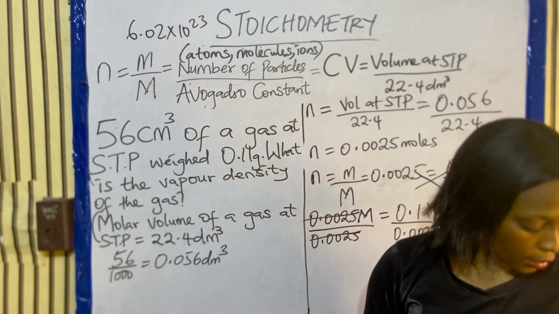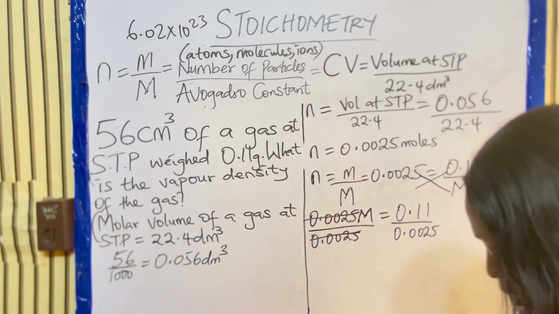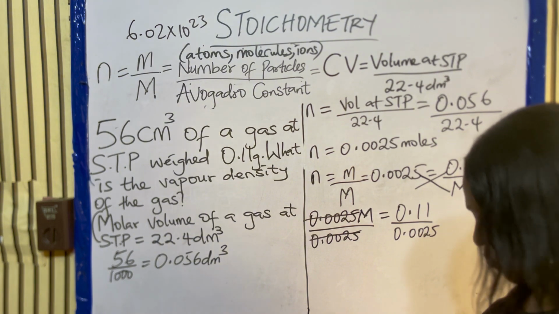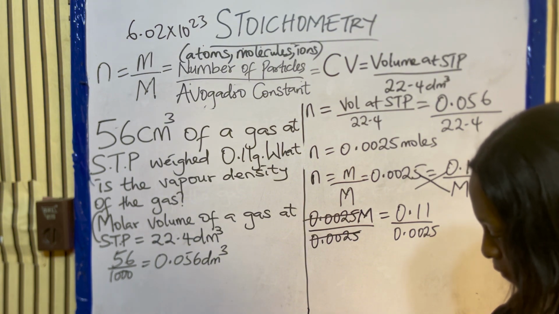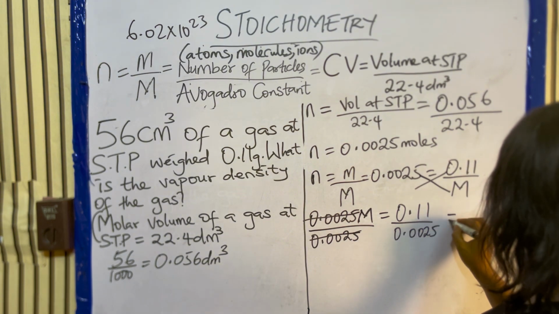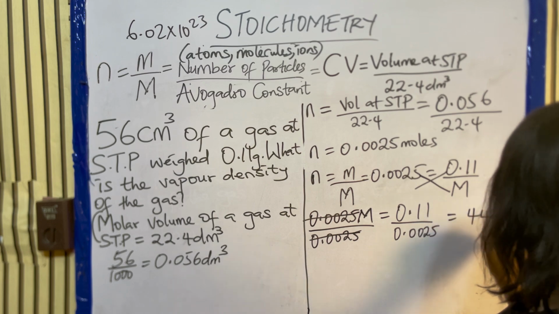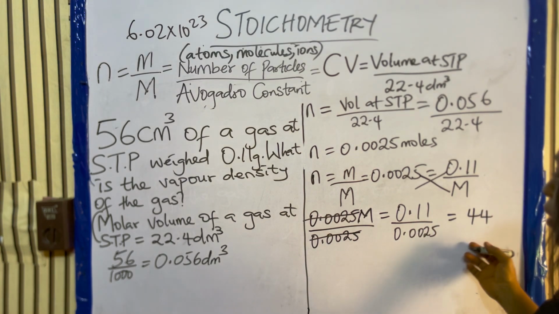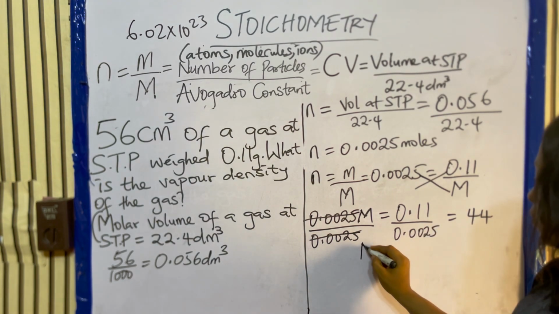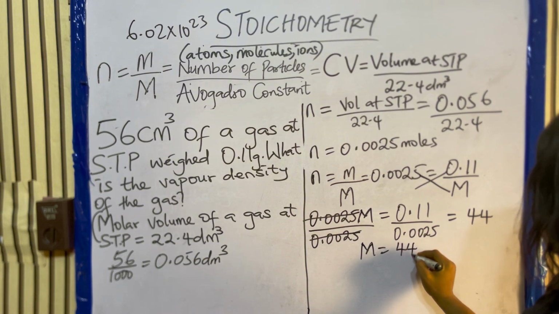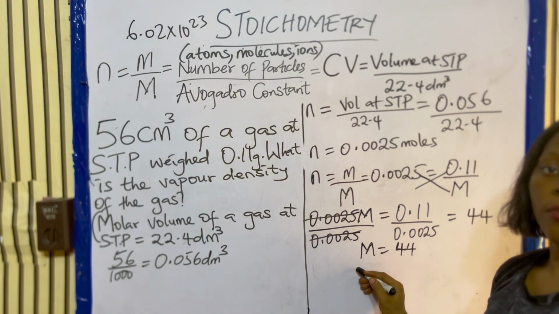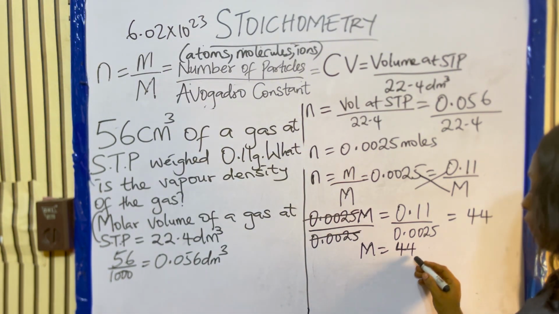So let's press our calculator. We have that 0.11 divided by 0.0025, and that will give us 44. So this is our molar mass. So M is equal to 44. So we have our molar mass to be 44.